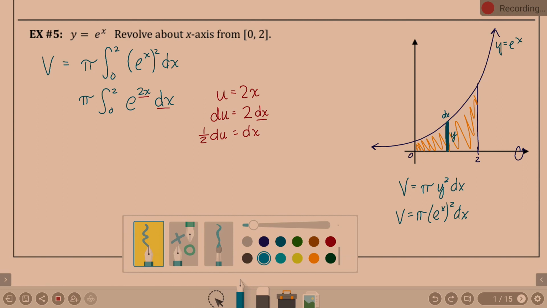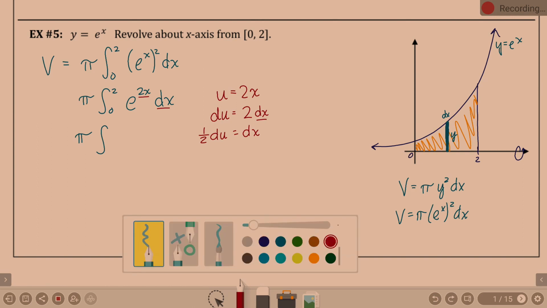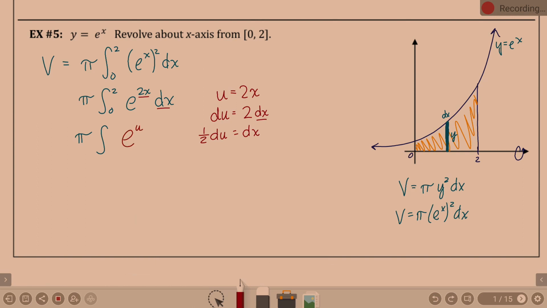So now I can say, okay, it's pi, the integral of e to the u, and in place of dx is going to be 1/2 du.